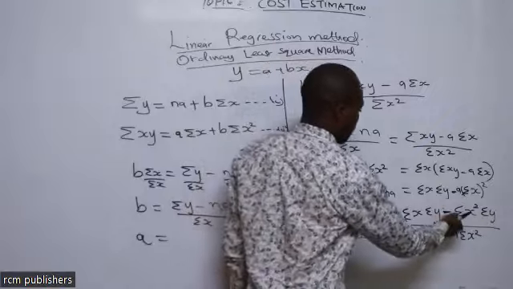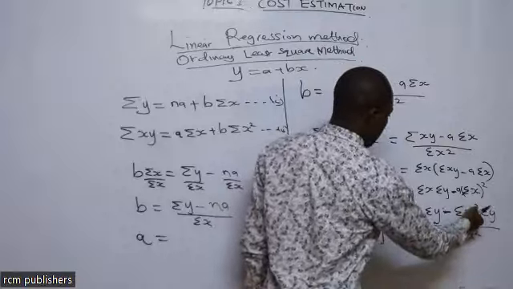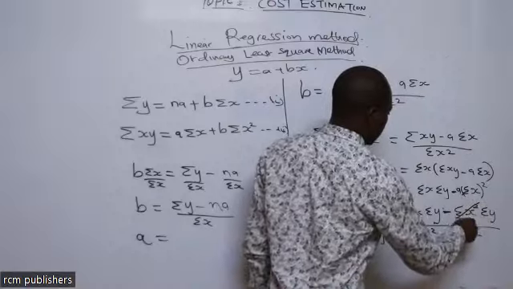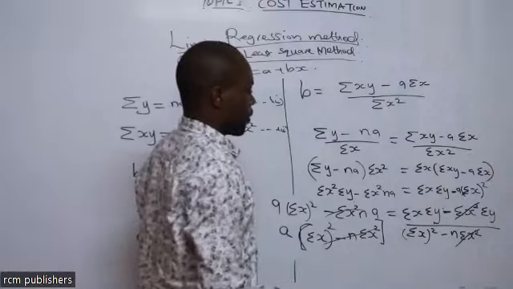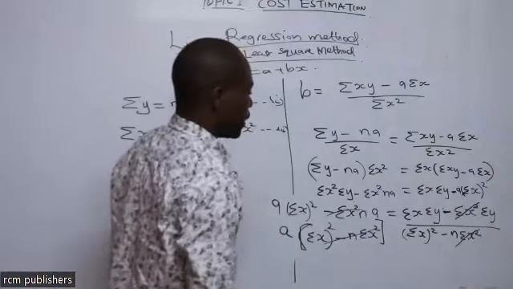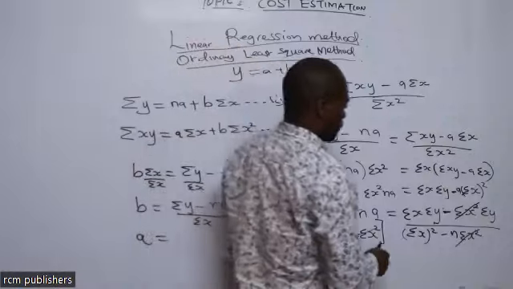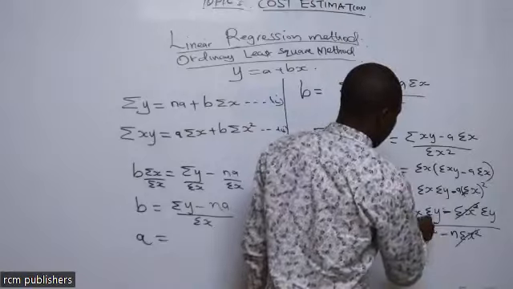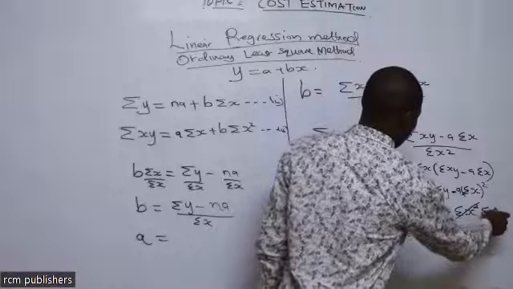So here we have summation of x squared. It is a negative and also a negative here, so you'll be able to see this one here being eliminated. The negative is eliminated. And then we have summation of x, summation of y, minus summation of y.